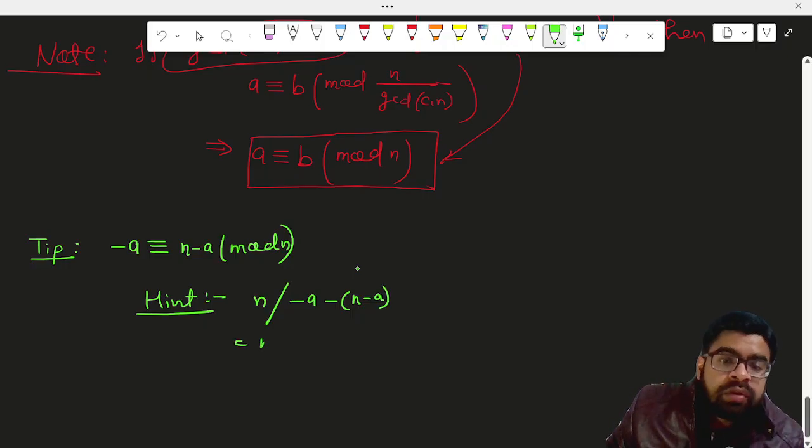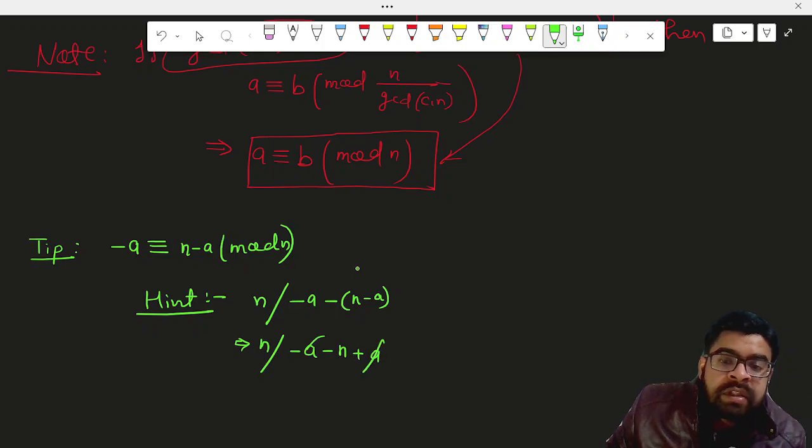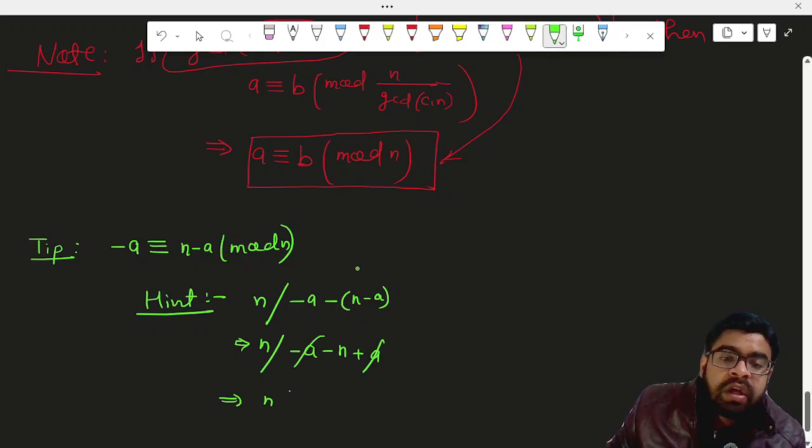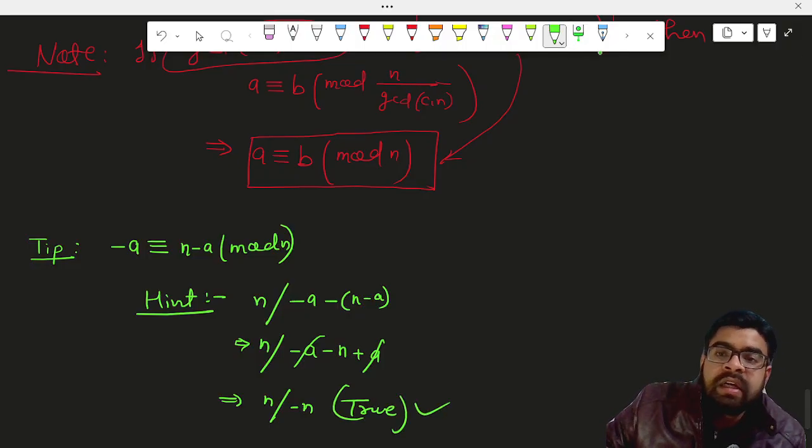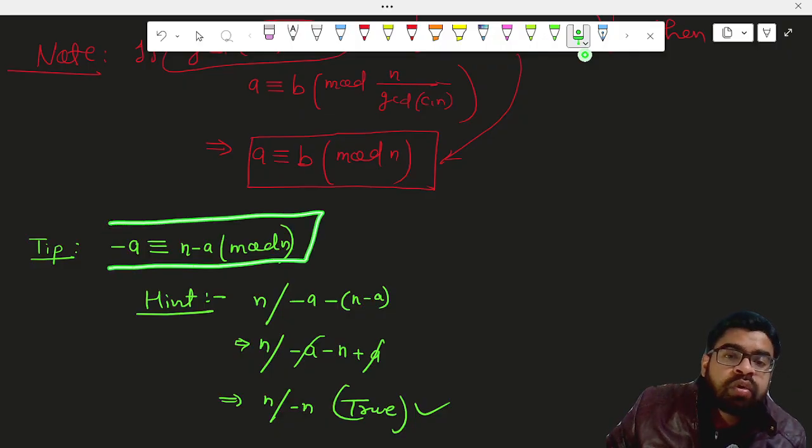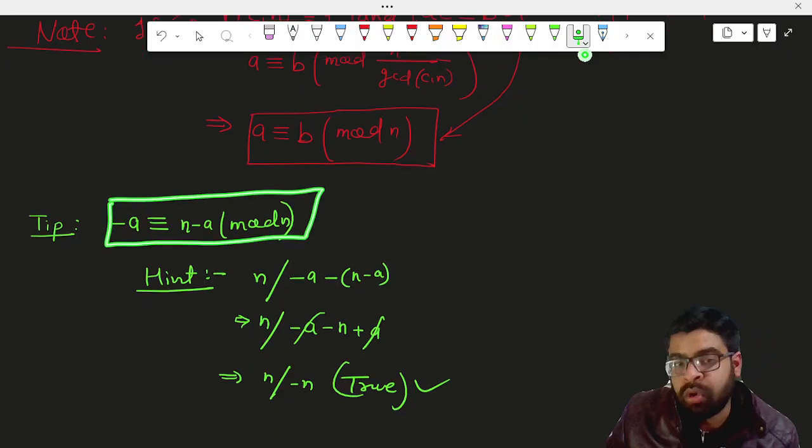So this can be written as n divides minus a minus n plus a. So plus a and minus a will cancel out. So basically n divides minus n, which is true. So hence this property always holds that minus a is congruent to n minus a modulo n.